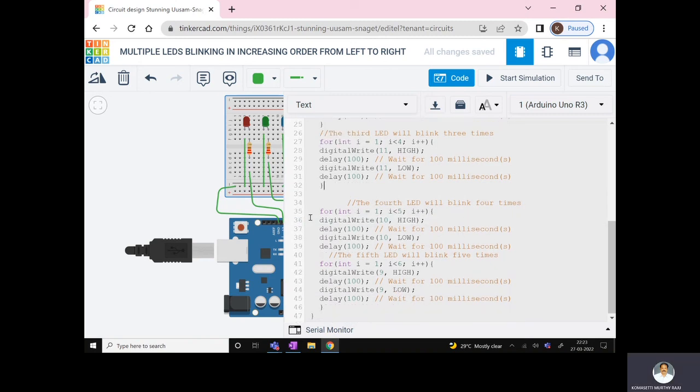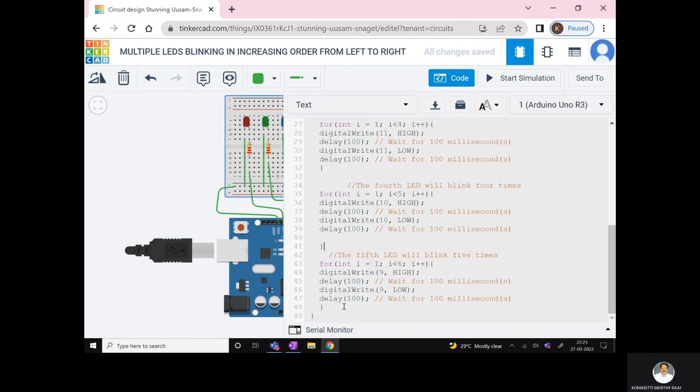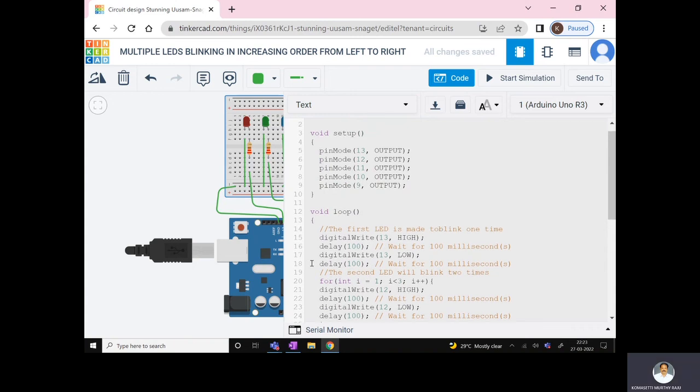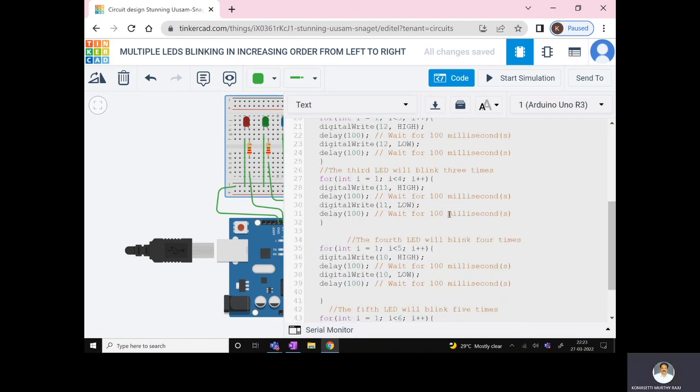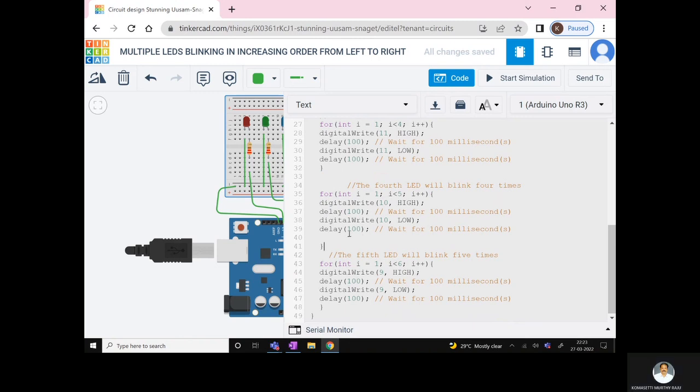The fourth LED will blink for i is equal to 1. These two curly brackets play an important role here, otherwise we will get some errors.